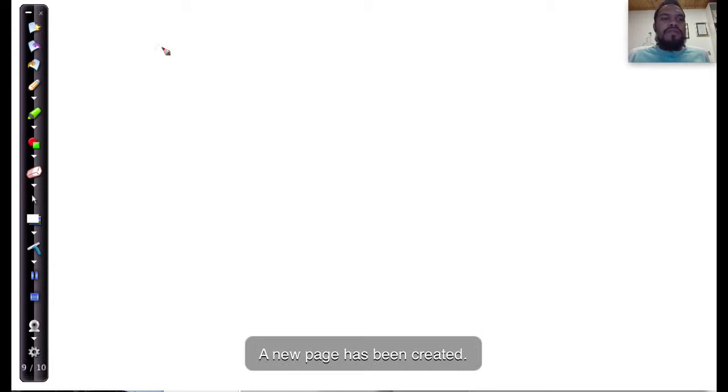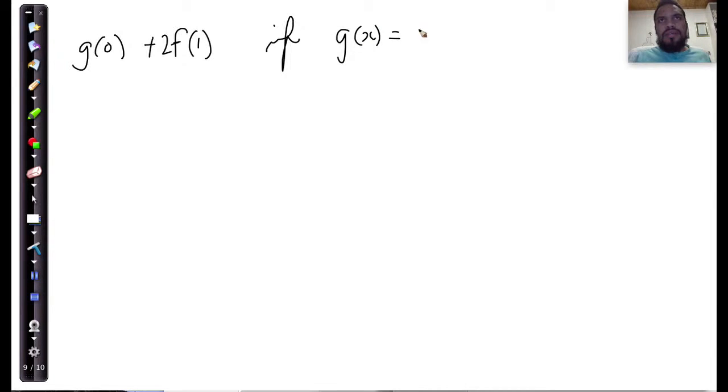Now I've got one for you to try, and then we have a worksheet for you to continue with. So I'm going to say evaluate the following. And this one, I'm going to give you some hints, right? I want you to tell me the value of g of naught, plus 2 times f of 1, if I give you that g of x is equal to x squared.